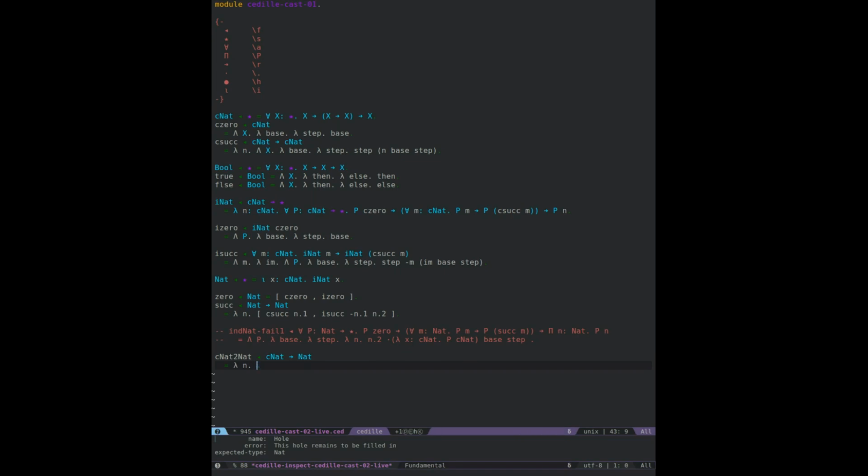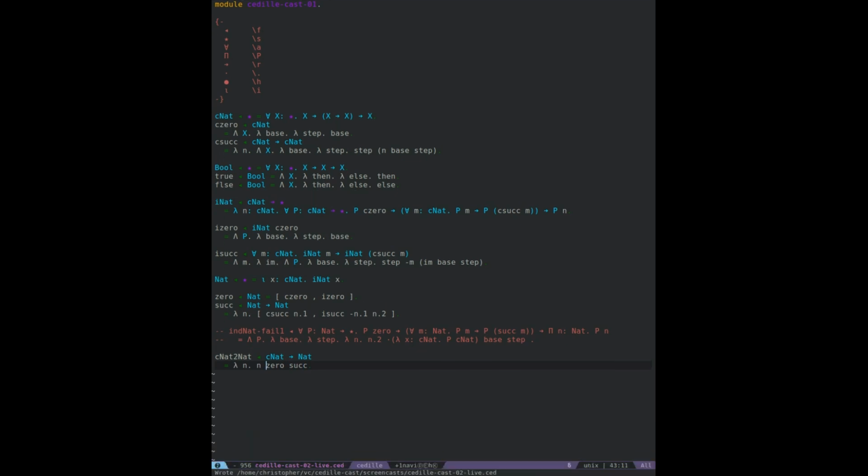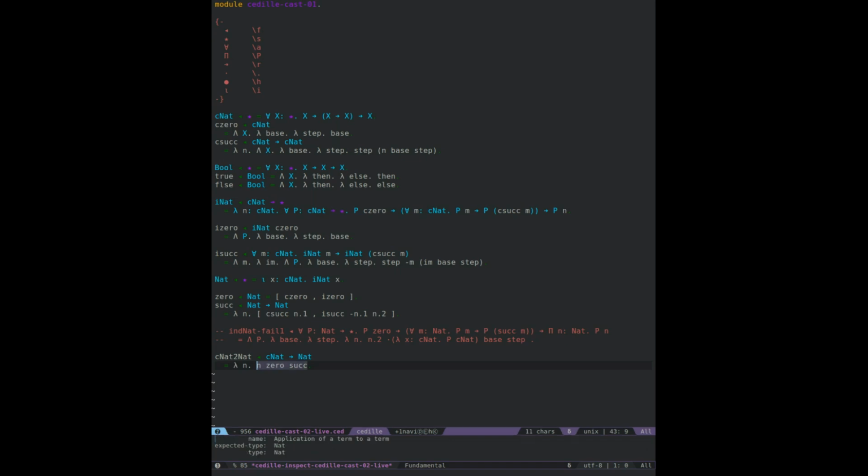If I take my cnat in and I apply it to my base and step case, of course, being 0 and successor, then I'm able to produce a natural number. cnat instantiated to nat with 0 and given successor as the nat to nat function gives us a nat.